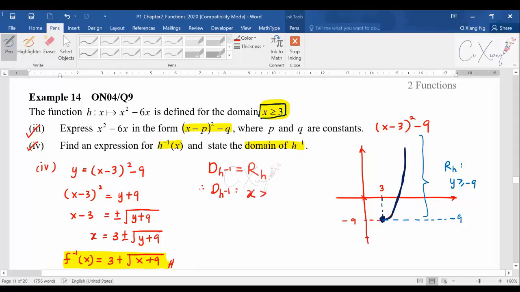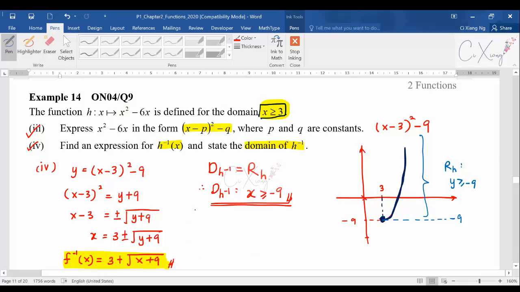So you have x greater than or equal to -9. All right, so this is a very good example to tell you how to find the inverse function for a quadratic expression. And you must also know how to determine the domain and range for the inverse function as well.